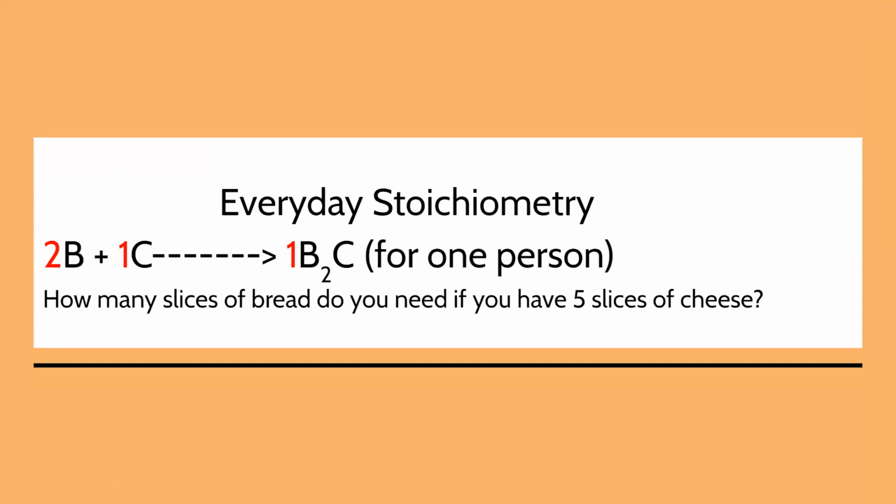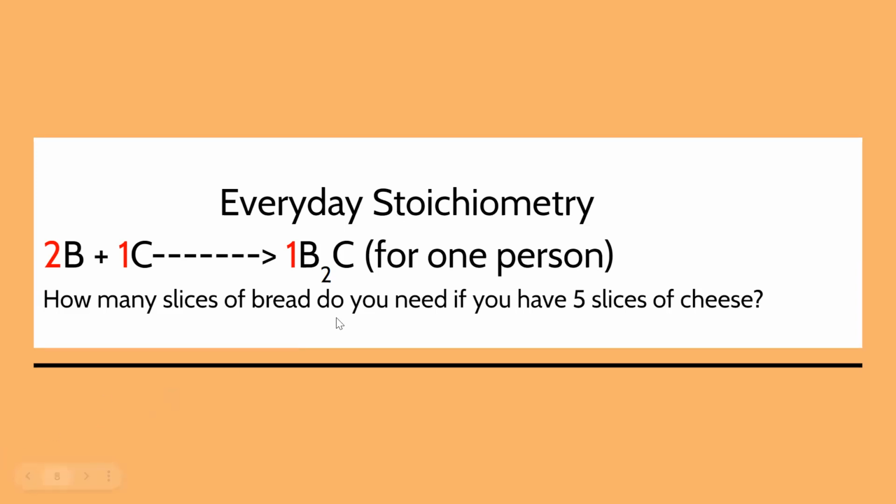Now, if you want to, we can answer this without really doing any calculation, but let's do the calculation so that it will be easy for us to do it in chemistry, because everything, the way it's done in everyday life, everyday stoichiometry, that's exactly what we do in chemistry. The only difference is here we are using bread and cheese and sandwich.